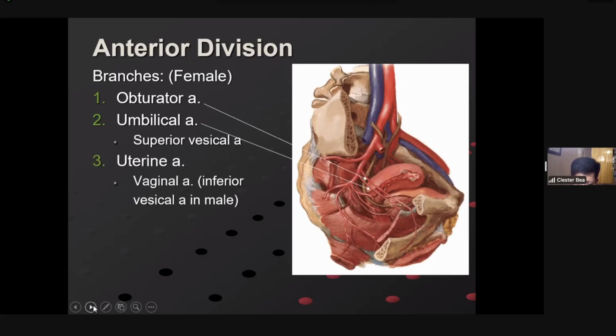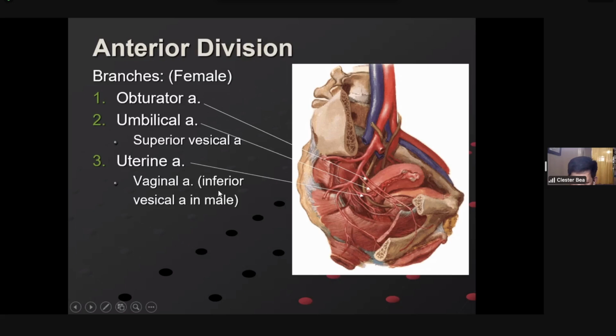You have the uterine artery, again another branch coming from the internal iliac, and one of the branches of the uterine artery is the vaginal artery. So the vaginal artery comes from the uterine. Some books may say that the vaginal artery may arise directly from the internal iliac, but usually we find the vaginal artery arising from the uterine.